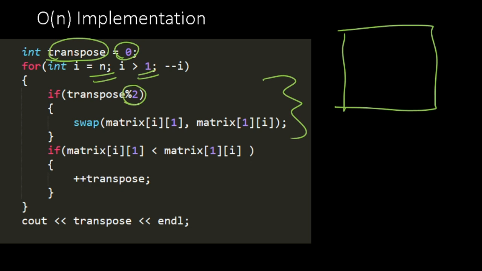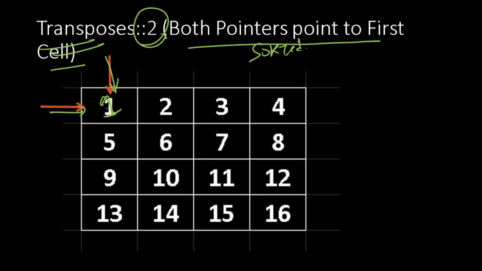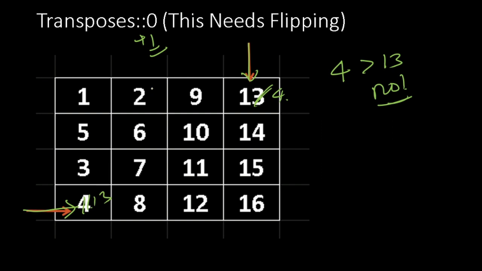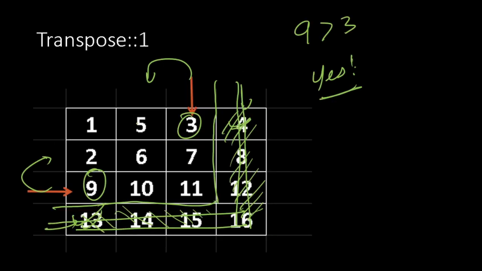If the number of transpositions is odd, this is a very important observation. See what happens. Initially, this 2 was in the correct place, 5 was in the correct place. We did one transposition. So we unsorted, we ruined this thing. Correct?